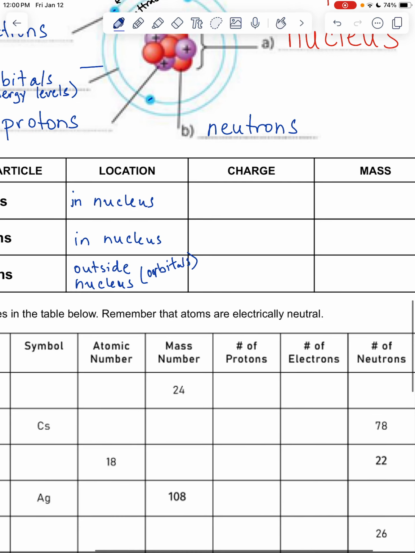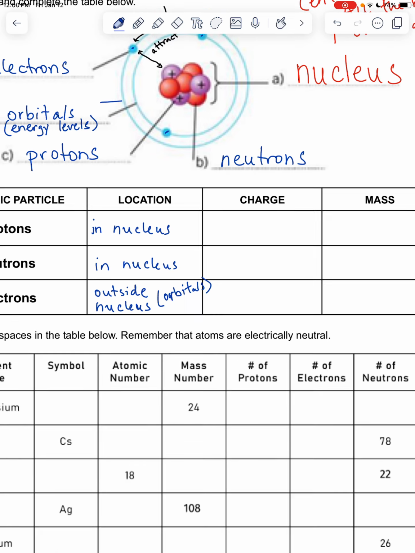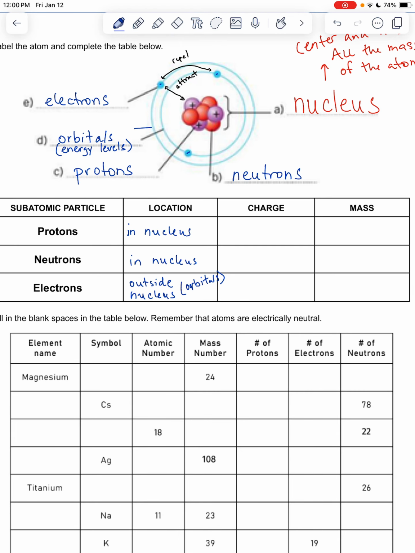All right, and we can again see that there. What is the charge? What does it contribute? Well, the charge for protons is +1 for each one that we have. For neutrons, there is no charge. We call that neutral. And then the electrons each have a negative charge. So that's going to come into play here a lot when we get into some bonding stuff.